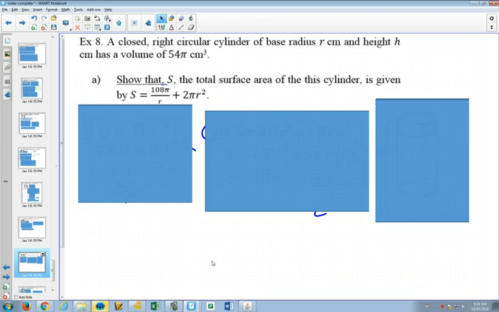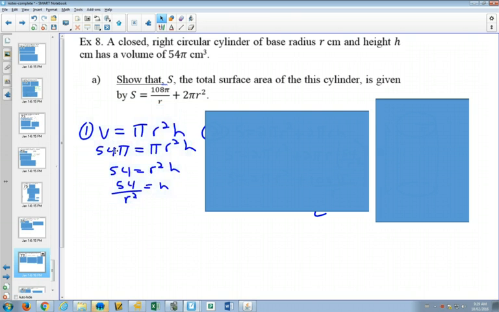All right, let's see how you did in part A. So if we know that the volume is 54 pi, and our volume formula for a cylinder is pi r squared times the height, if we rearrange this, we're going to get our height to be 54 over r squared.